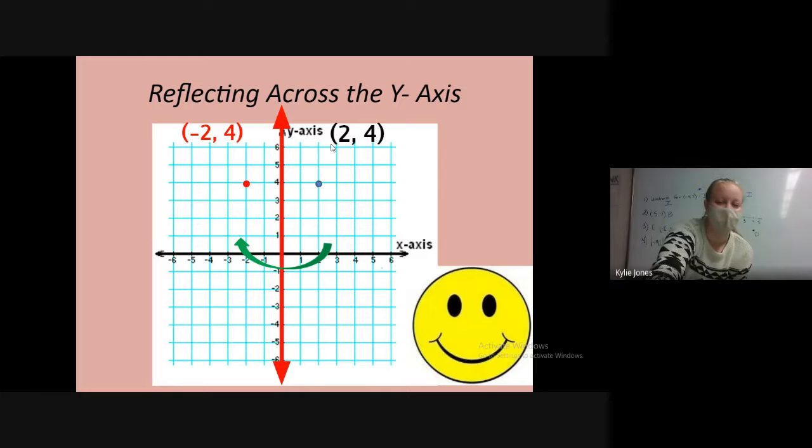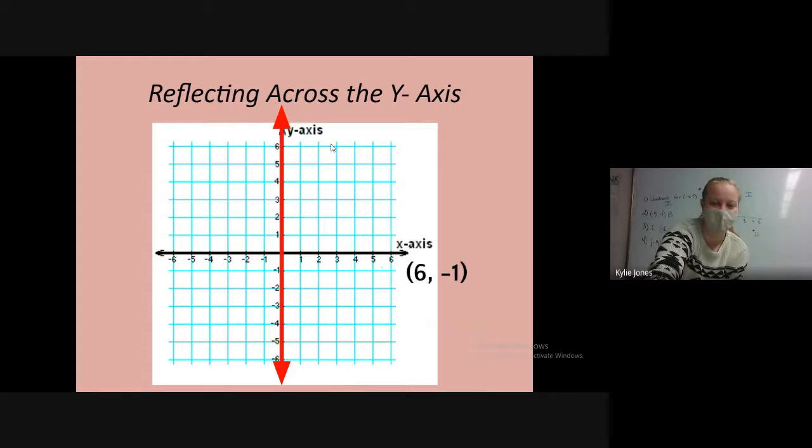Our next one is 6, negative 1. What coordinate am I going to change to flip it over that Y axis? Negative 1 is already negative, so it stays the same. You're going to have to change 6 to negative. Good. All you do is change your first number. This positive 6 becomes negative 6.